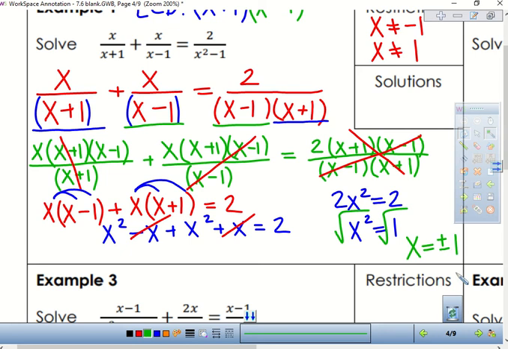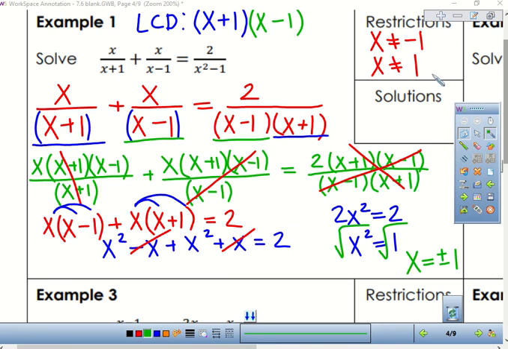Now before you write it in the solutions box, don't write it there yet, because we have to see if this solution is rejected. What do you think, is this solution going to be rejected? Think about it for a second. Why would it be rejected? Good, because of its restrictions.